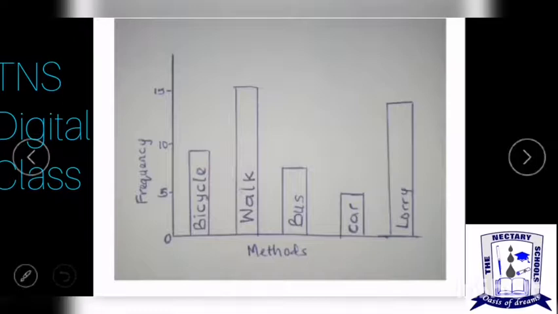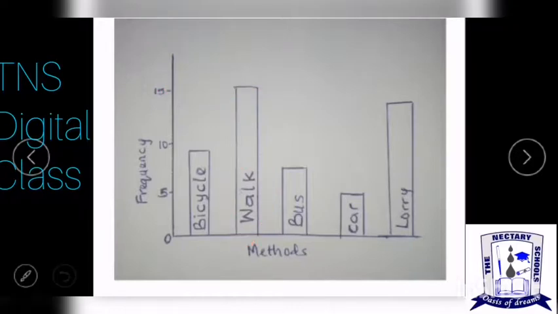How many students go to school by walking? 15 students. If you look at the height or the length of the bar, you will see that it is up to 15.